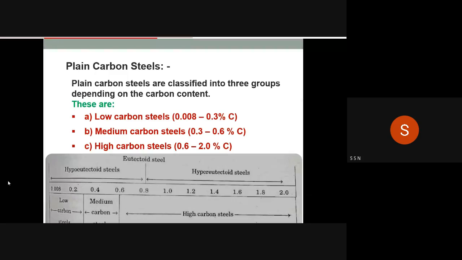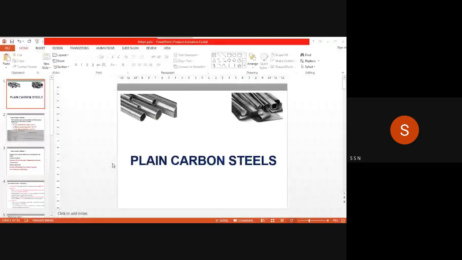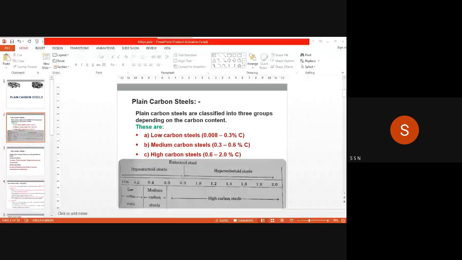The three types are low carbon steel, medium carbon steel, and high carbon steel, depending on the percentage of carbon. As the percentage of carbon changes, their properties and applications also change. So this is regarding types of steels.